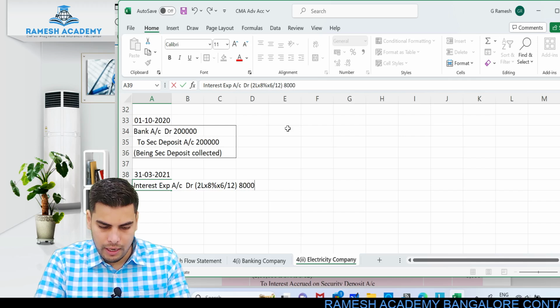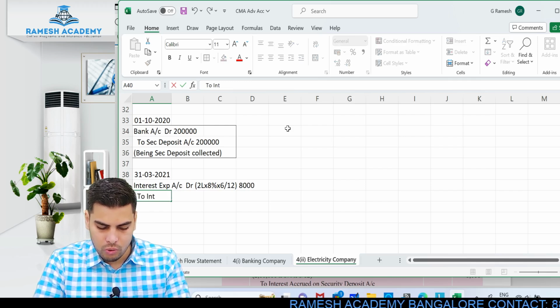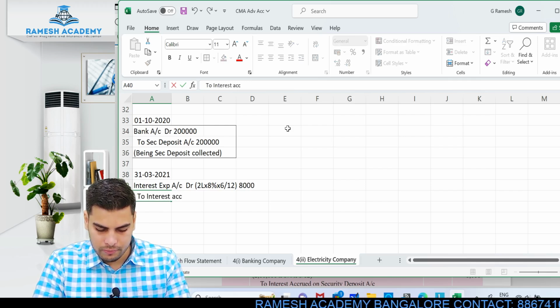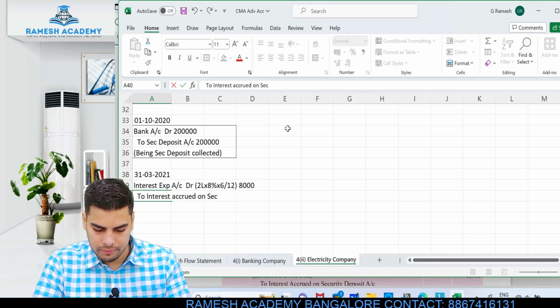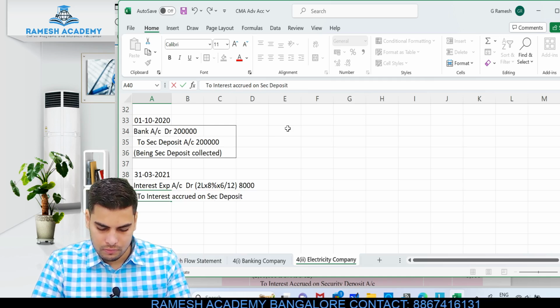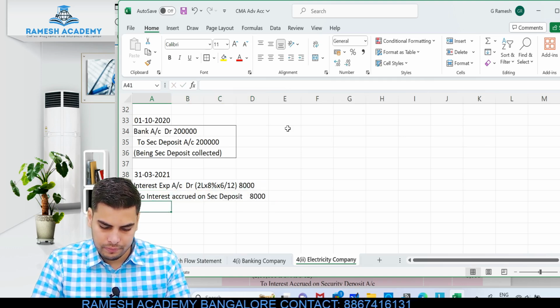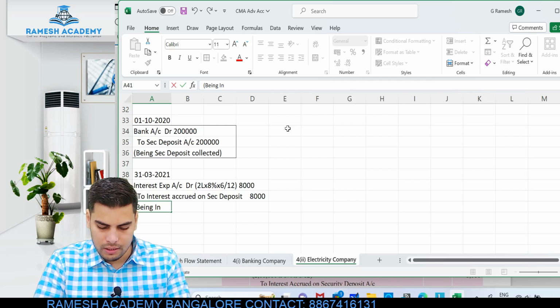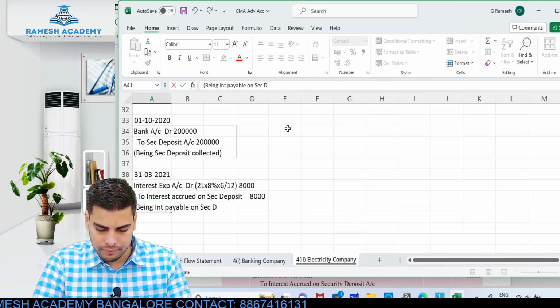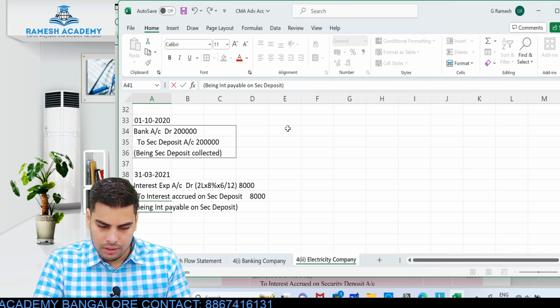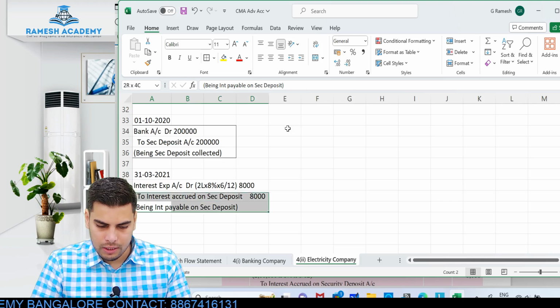So this would be 8,000 to interest accrued on security deposit, 8,000. This would be the entry, being interest payable on security deposit. This is the entry I'll be passing on 31st March.